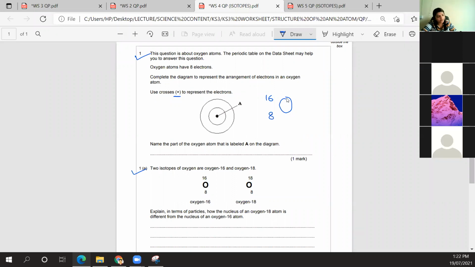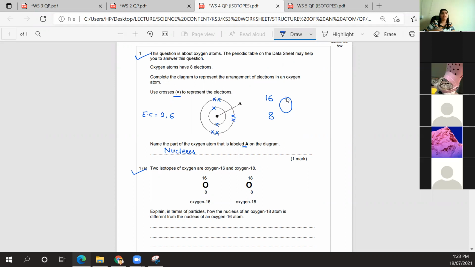Name the part of the oxygen which is labeled A. That's the nucleus on the diagram. And if we want to represent the number of electrons, then the electronic configuration will be 2, 6: 2 in the first shell and 1, 2, 3, 4, 5, 6 in the other shell.